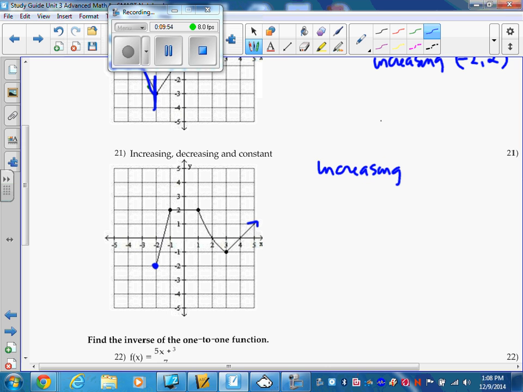And some of you I know are going to be tempted to square this off, but remember the intervals are always rounded when you're telling about increasing, decreasing, or constant. So this is going to start at -2 and go to -1, and it's rounded. And it's also going to increase from 3 to 5. So 3 to 5. And those are both rounded. These intervals are always rounded.